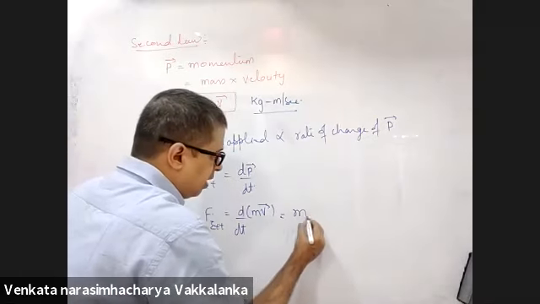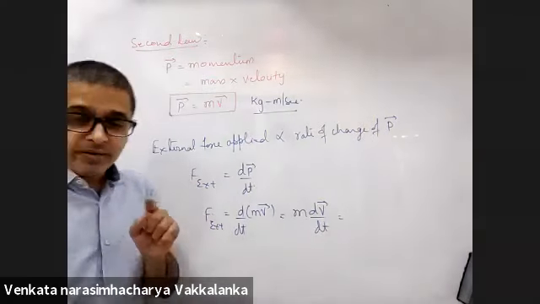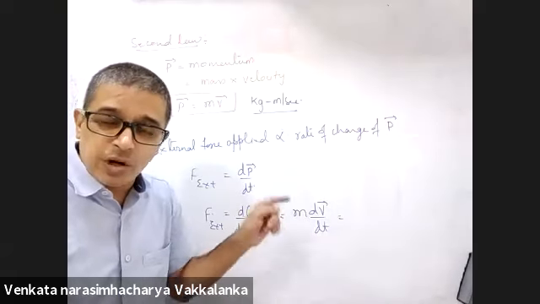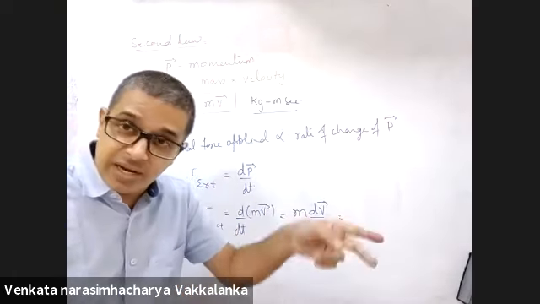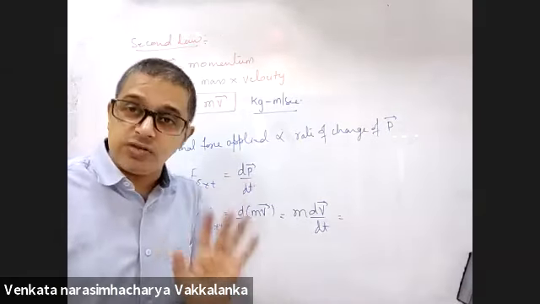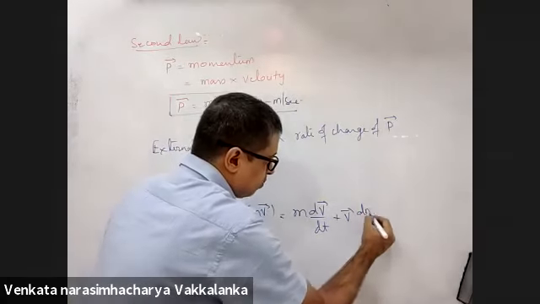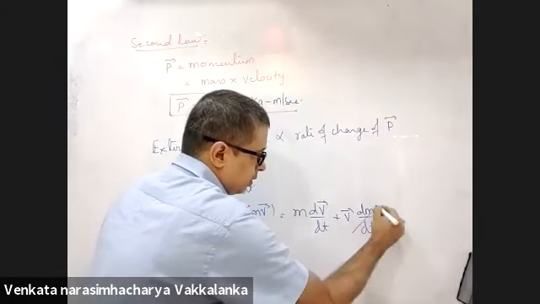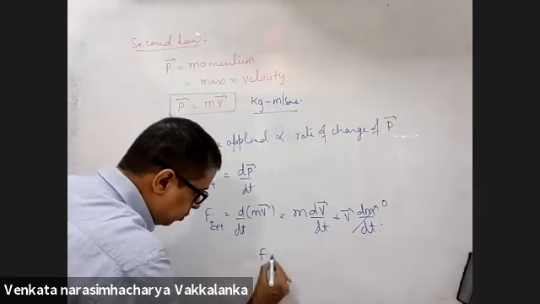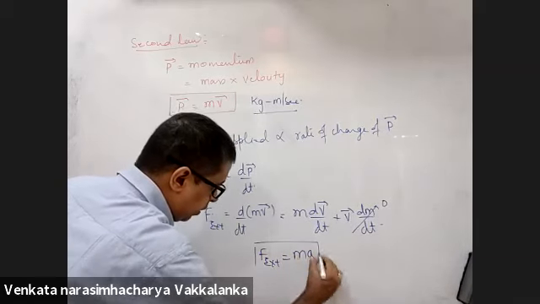Now this will be m dv by dt. Very technically, there should be another term, v dm by dt. Then why are you not putting dm by dt? We will in the chapter conservation of momentum. Till then, for me, the mass is constant, so that part will be 0. So F external will be equal to m into a.